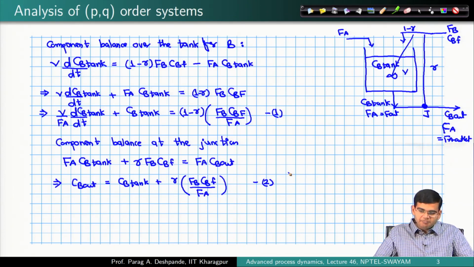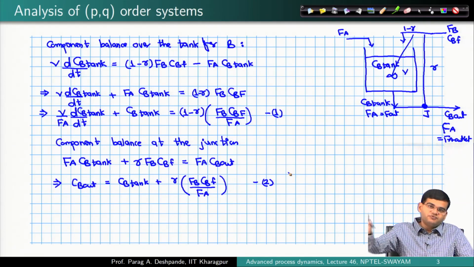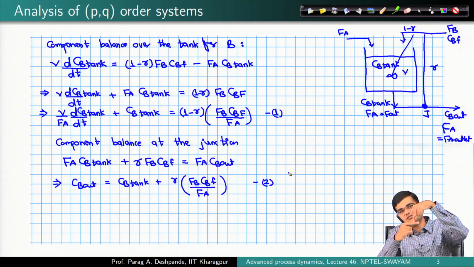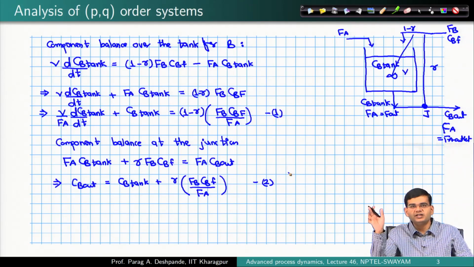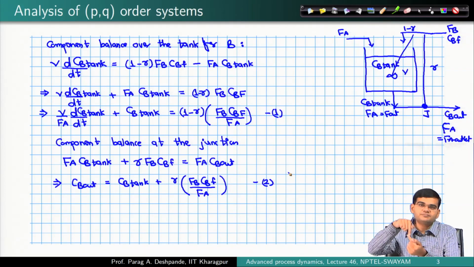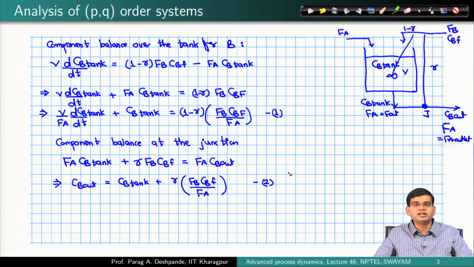But now, my ultimate output from the system is C_B,out, because I am mixing the two streams at this junction J. So, my ultimate outlet is C_B,out, and how do I get C_B,out? I get C_B,out from equation number 2, which is nothing but the concentration which is coming from the tank plus the effect of the stream which is coming directly to the junction. Okay.